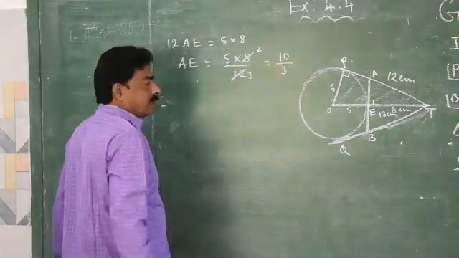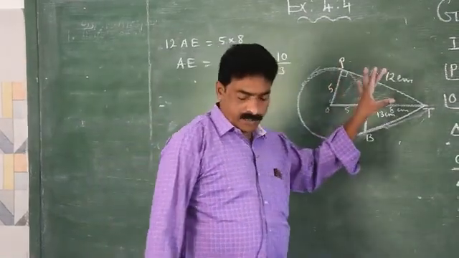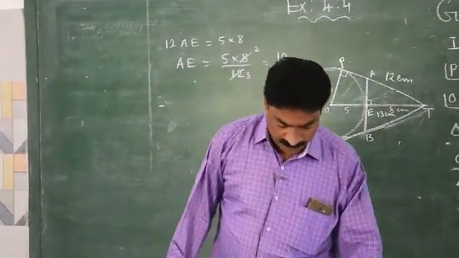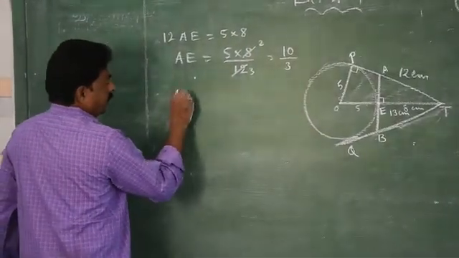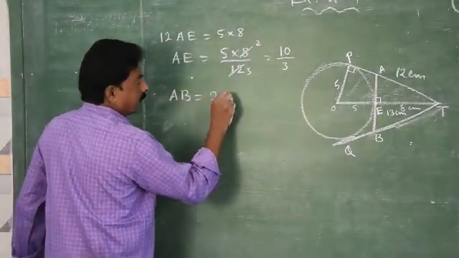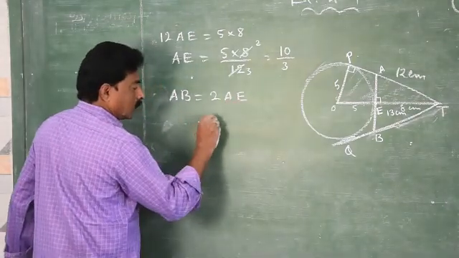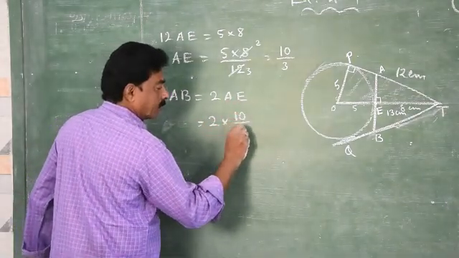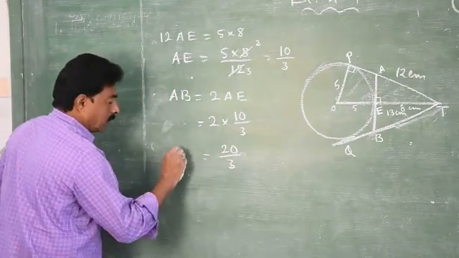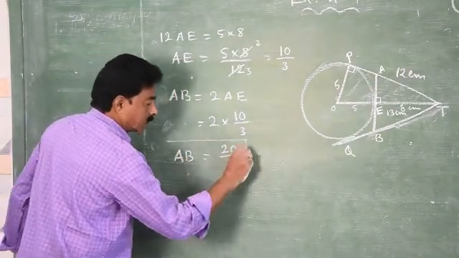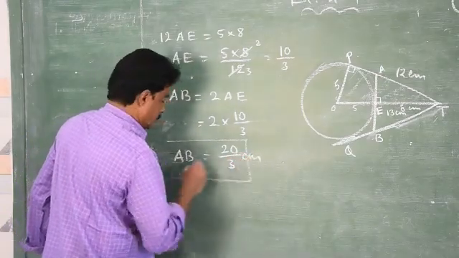That is AE. What is our question? You have to find the length of AB. AB is twice AE. So 2 into 10 by 3, that is 20 by 3. So AB is 20 by 3 centimeter.